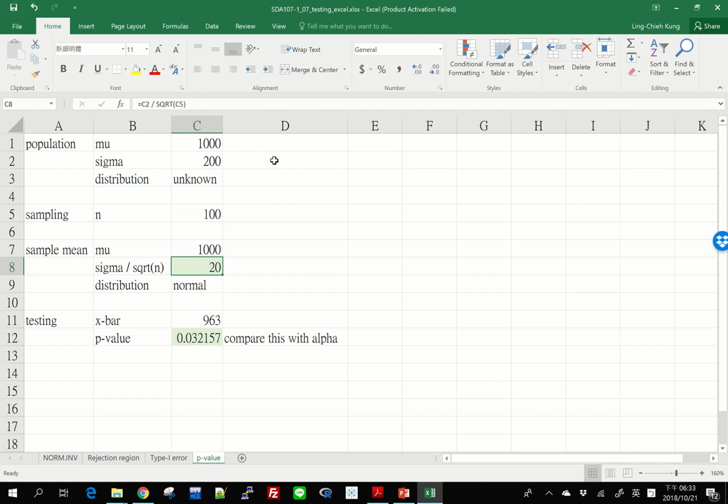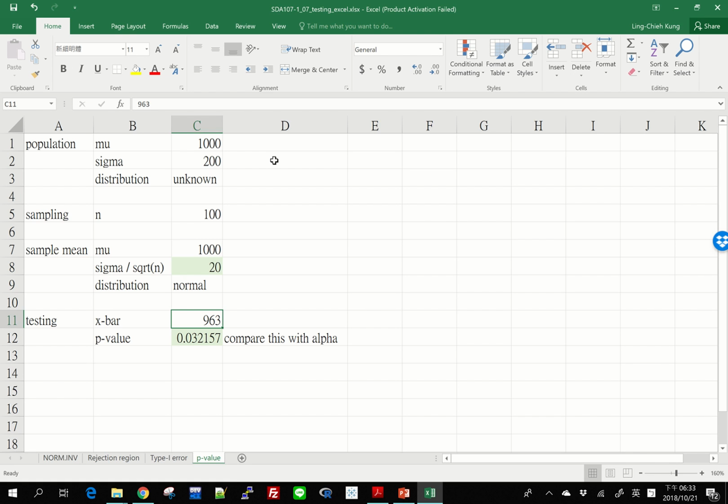And your standard deviation for your sample mean is 20 because it's 200 divided by square root of 100. And then lastly, now we can say our sample mean is normal because we have central limit theorem. N is greater than 30. Okay, so the last step is that we do sampling and get a sample mean that is 963.